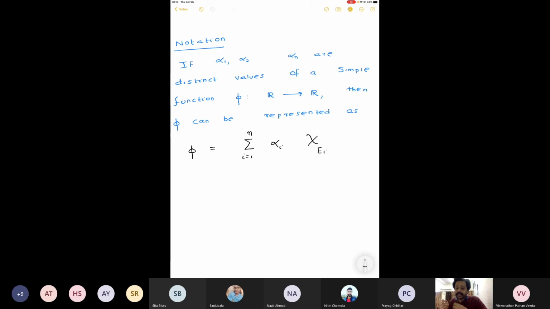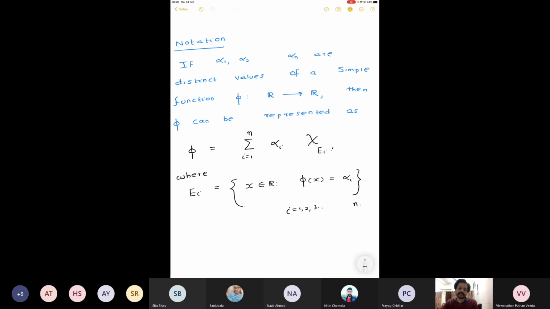Now what is Ei? Ei is equal to the collection of all x in R such that phi of x is equal to alpha i, for i equal to 1, 2, 3, etc., up to n.